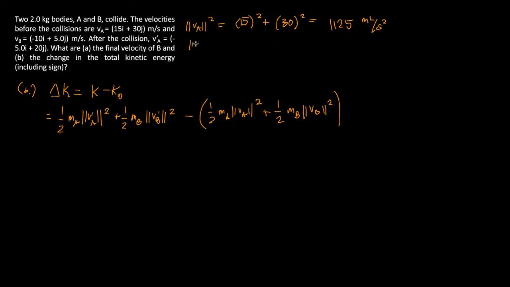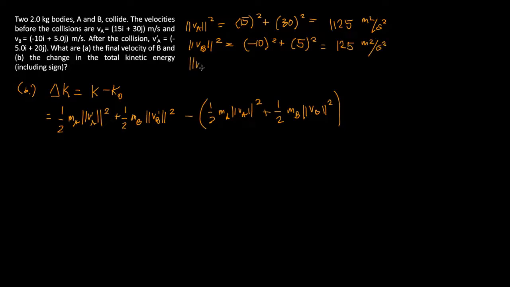For v sub b quantity squared, that is negative 10i, diba? So negative 10 squared plus 5 squared, that is 125 square meters per square seconds.